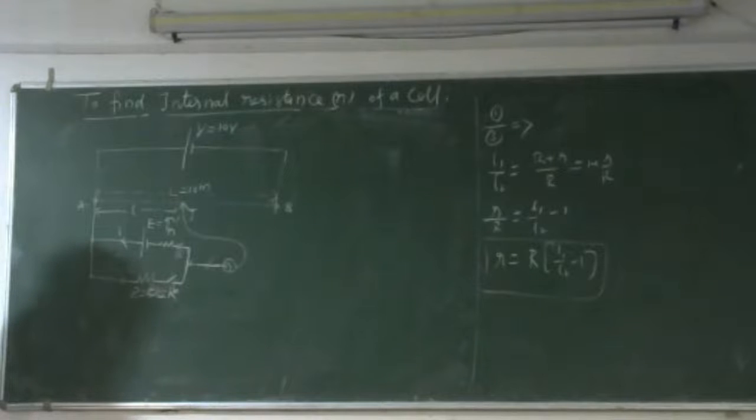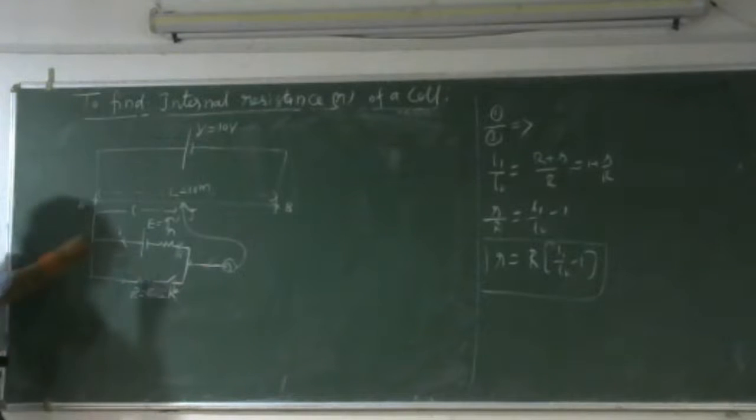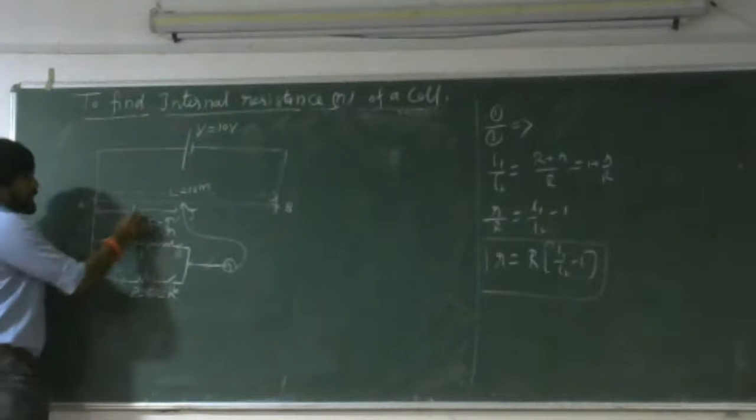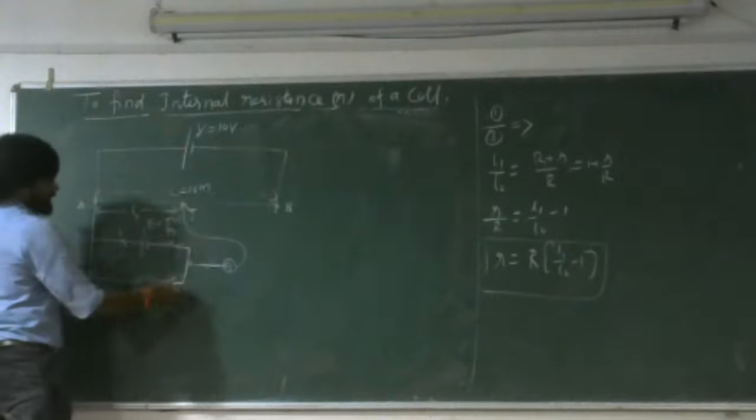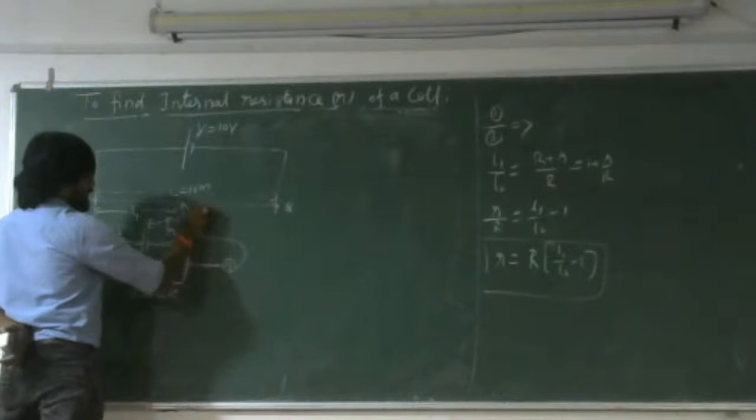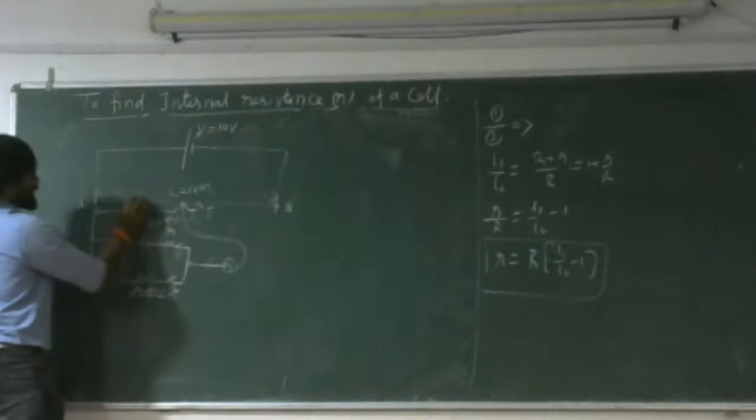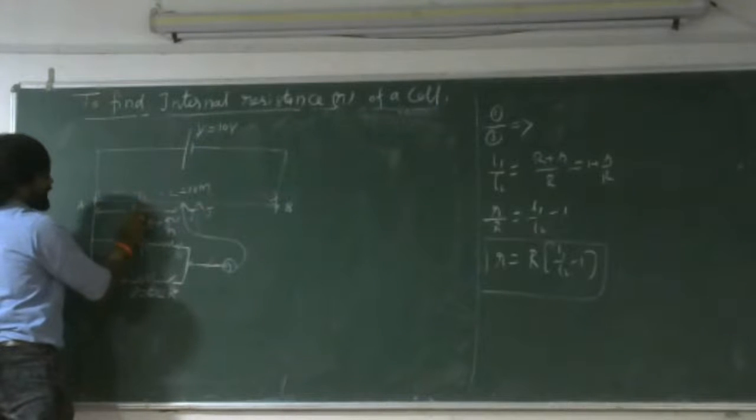Right. So what is the value of this internal resistance? In the first case we get L1, and in the second case when it is closed, we get another balancing length L2.